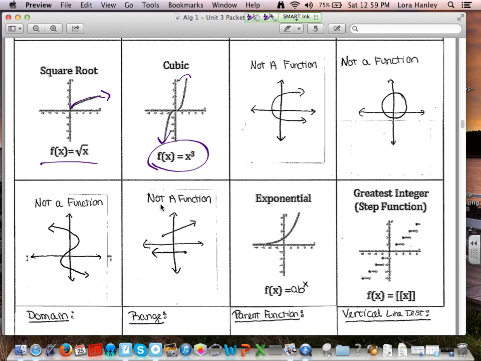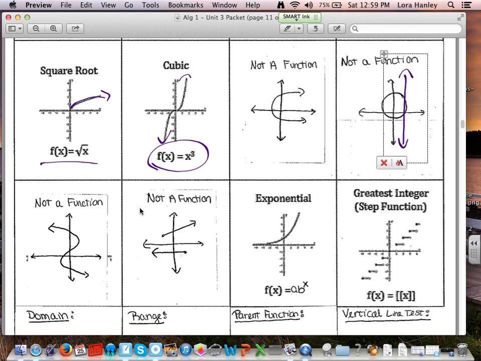We also have a few representations that are not functions, and they're not functions because they don't pass your vertical line test. If we try and look at that here, if I take my vertical line and run it across this parabola, well, it's crossing in more than one place. If I drag it across the circle, it's crossing in more than one place.